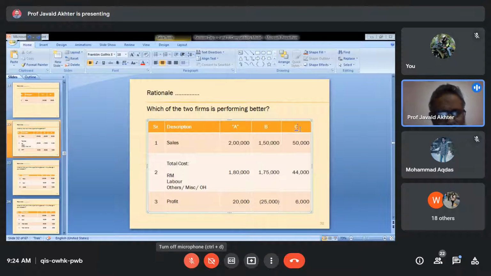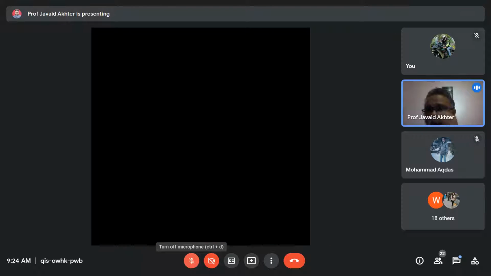Let me check, just give me a minute. If I have some solution for this in some other slides, maybe some more practical data, give me a few minutes. I have this data saved in the desktop. I'll be able to take it out maybe in a minute only. Just one second.